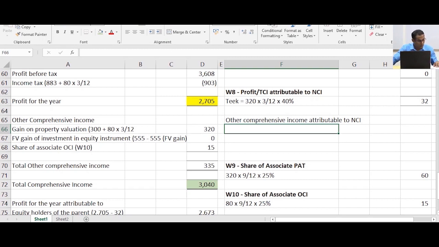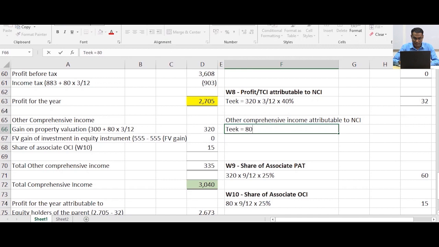is equal to profit attributable to NCI and the other comprehensive income attributable to NCI. So now if you look again with regard to non-controlling interest, you always need to look at the subsidiary's profit or loss and OCI, because non-controlling interest is there with the subsidiary, not with the parent. Now if you look at the subsidiary other comprehensive income, you have other comprehensive income item 80. Out of this 80, it is a subsidiary only in the last 3 months.